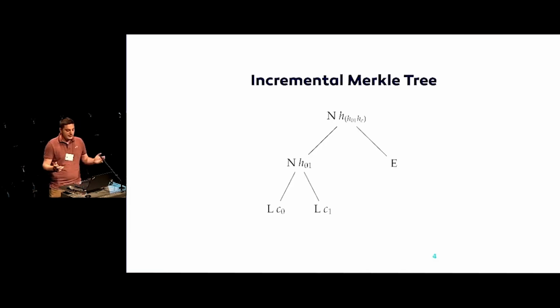So specifically, an incremental Merkle tree, as the name might imply, is just a binary fixed height tree with 2 invariants. The first one, the Merkle property, meaning that each node contains the hash of its children, and the incrementality property, meaning that leaf positions are filled up sequentially from left to right.